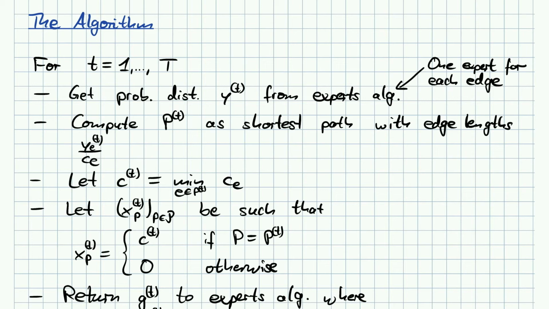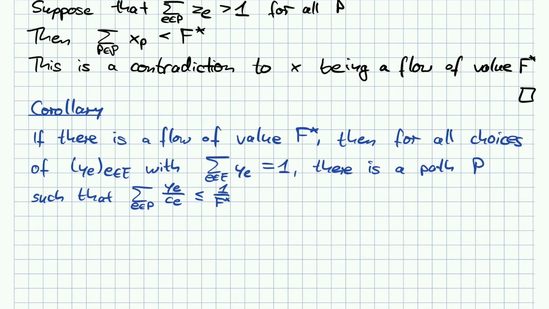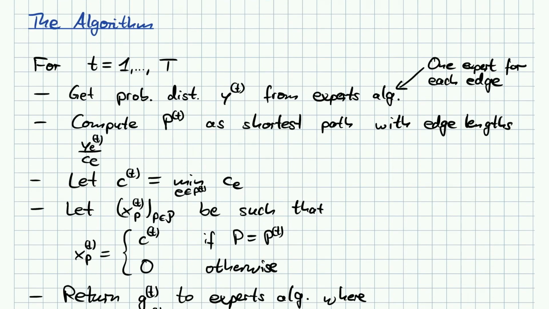We remember that we had this corollary. If there is a flow of value f star, then for all choices of these y_e, which sum up to 1, there is a path such that its length with respect to the y_e divided by c is at most 1 over f star. And now here in our algorithm, we are computing the shortest path with respect to these edge lengths.